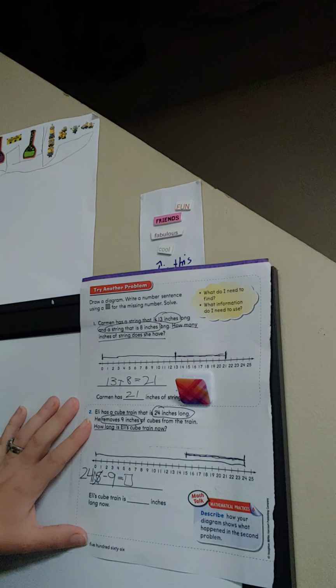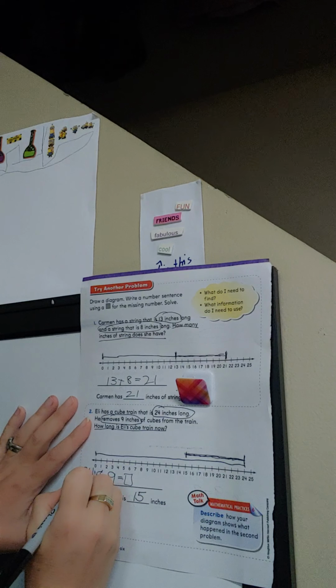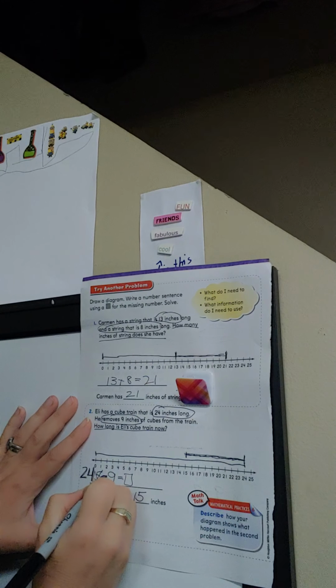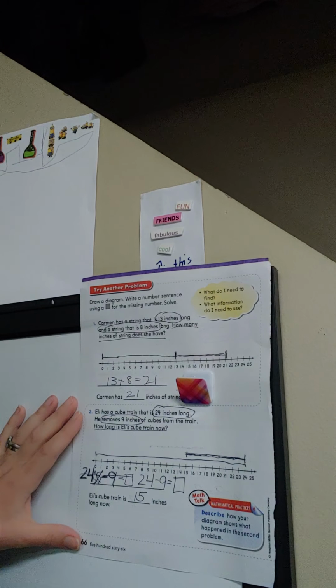Whoops. 24 minus 9 equals, right, that's where I need to write the 15. So this should be 24 minus 9. Sorry about that. You know what? I'm just going to write this over for you. There we go.